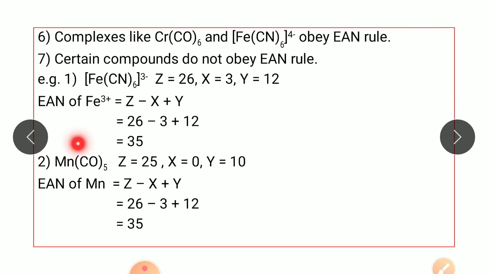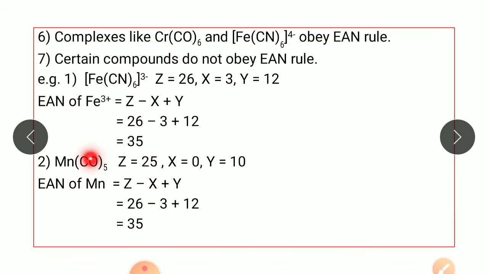Now the next example, Mn(CO)5. Here the atomic number of manganese is 25. Carbon monoxide is a neutral ligand, so the oxidation state of manganese in this compound is 0. So no electrons are lost to form the ion, so X is 0.